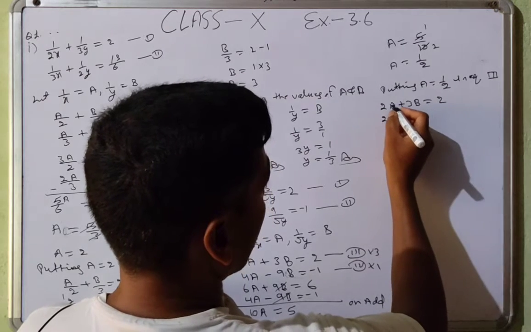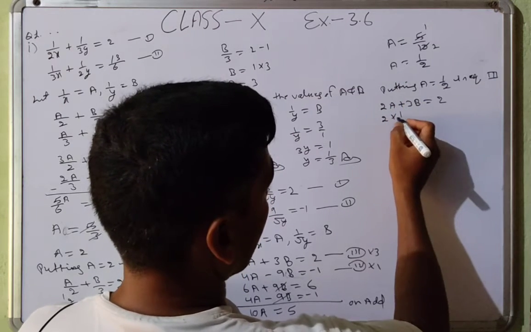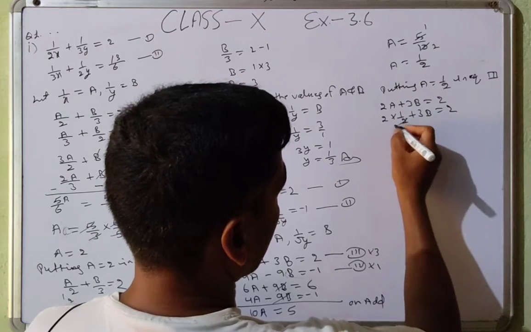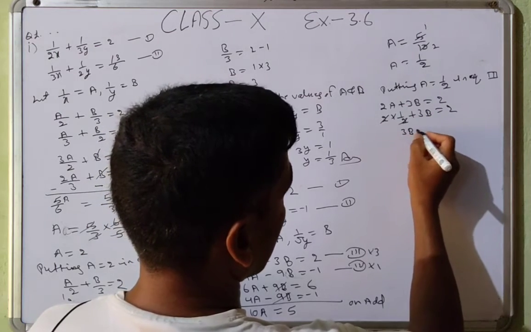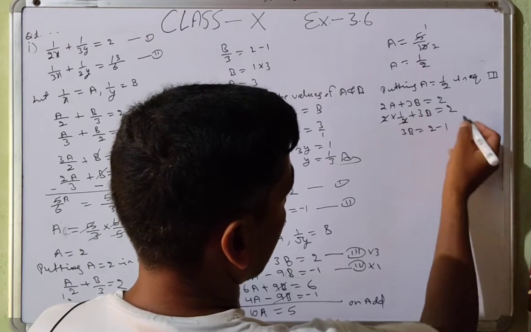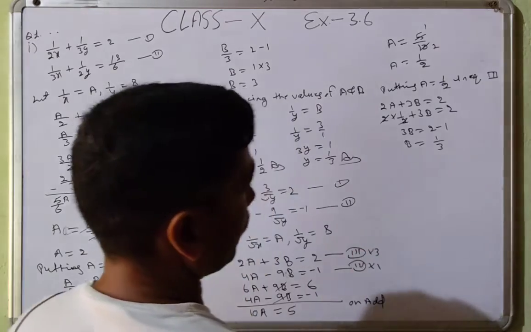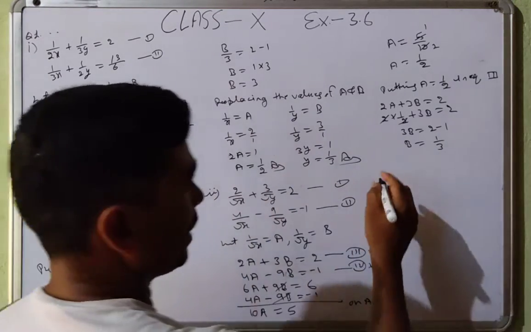So 2 into, in the place of a we write 1 upon 2, plus 3b is equal to 2. So 2 cancels by 2. So 3b is equal to 2 minus 1, that goes to that side. So b is equal to 1 upon 3. Now replacing the value.